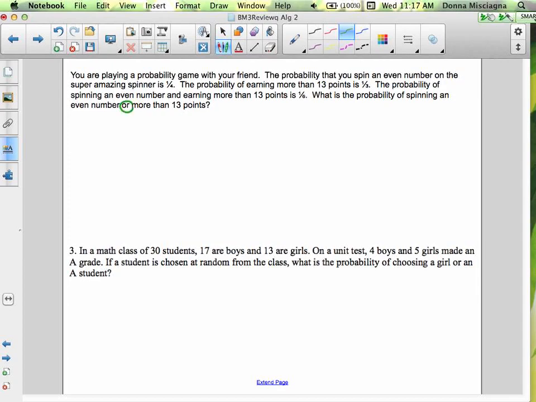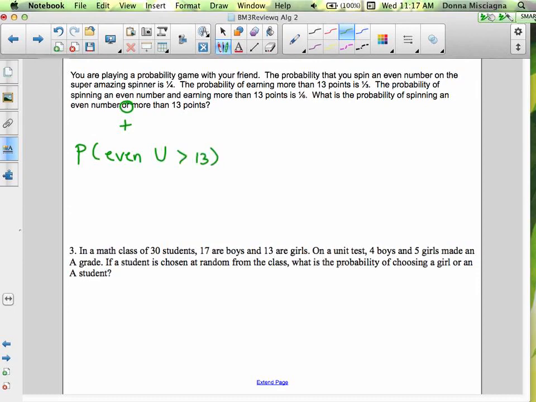An or question, that means to add. We have one event, we're spinning, one spin, but we have more than one favorable outcome. Because we're interested in the probability of even or more than 13.